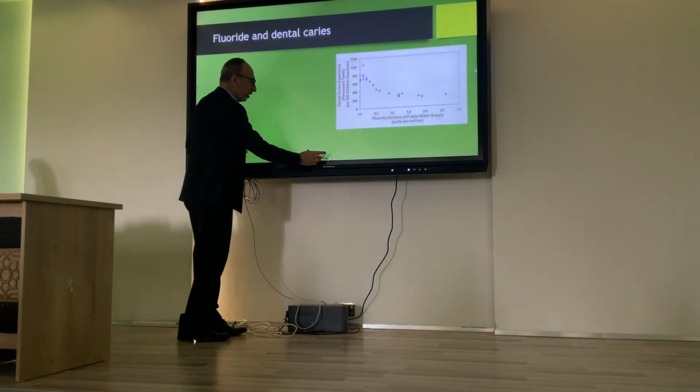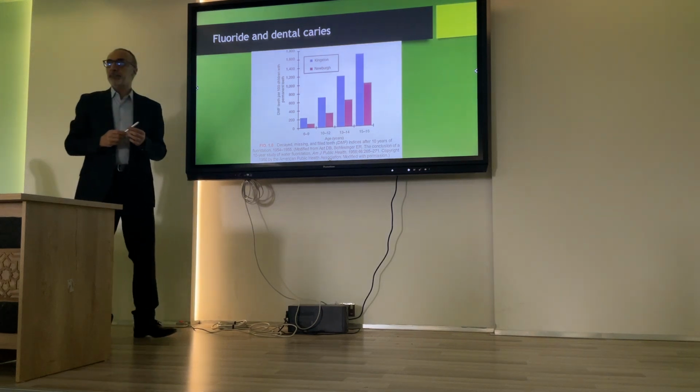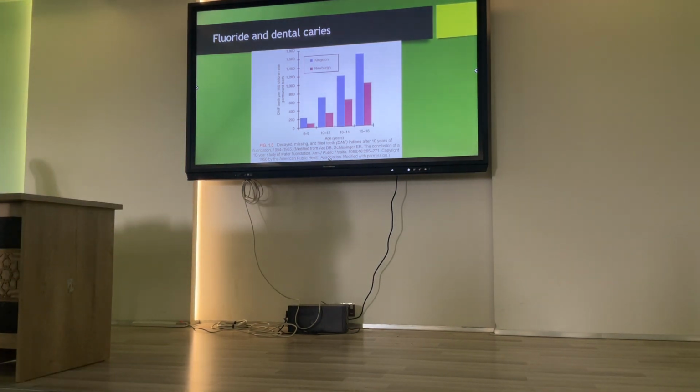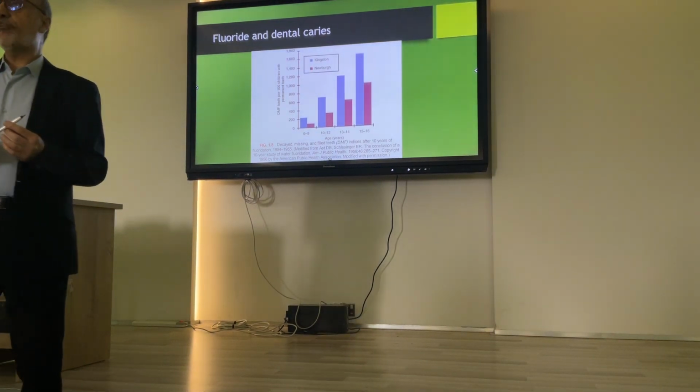After this observational study, the researchers were interested whether by adding fluoride to the water of provinces with low levels of fluoride, they could improve the dental health or not. So in this study, they selected two groups of provinces.